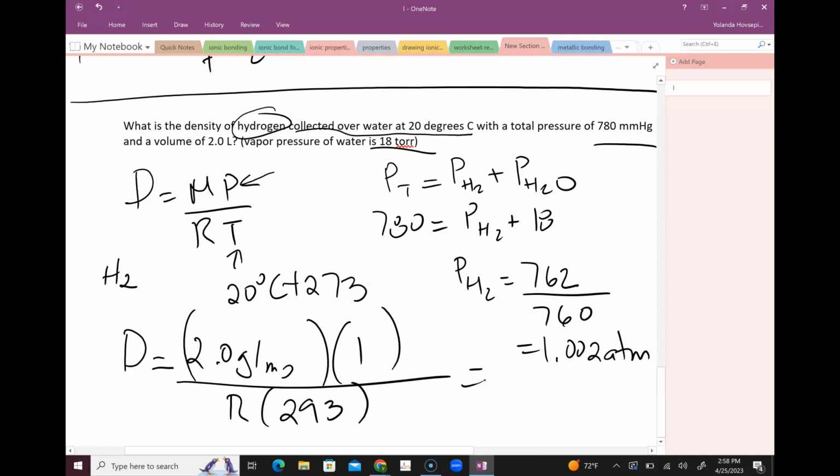So 293 times 0.0821, that gives me 24.06. So 2 divided by 24.06, and I'm going to get density to be 0.083. And what is the unit for density here? It's grams per liter.